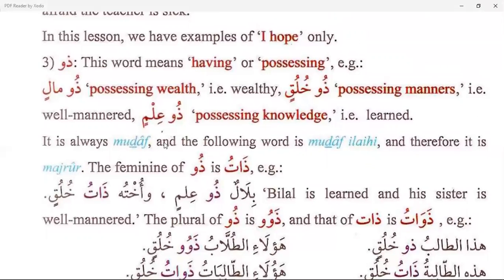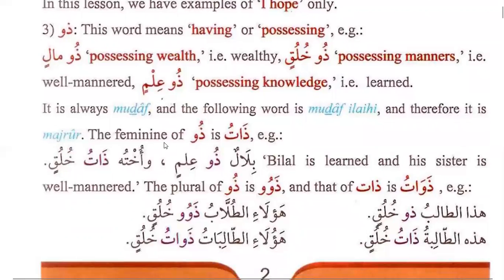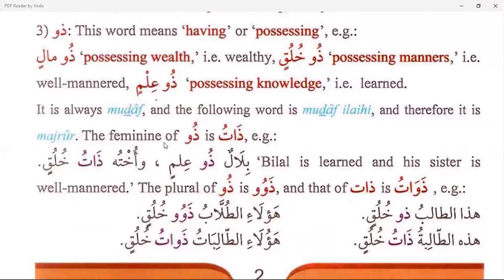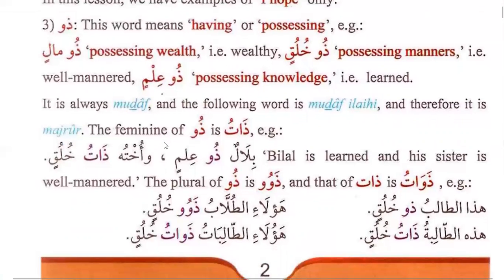Mr. Rahman, continue. This word means having or possessing. Example: zu malin, possessing wealth, wealthy.